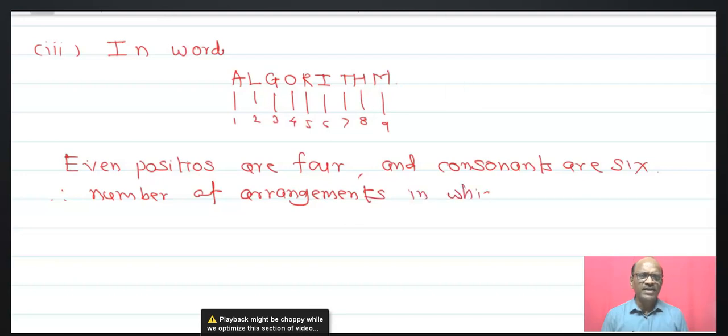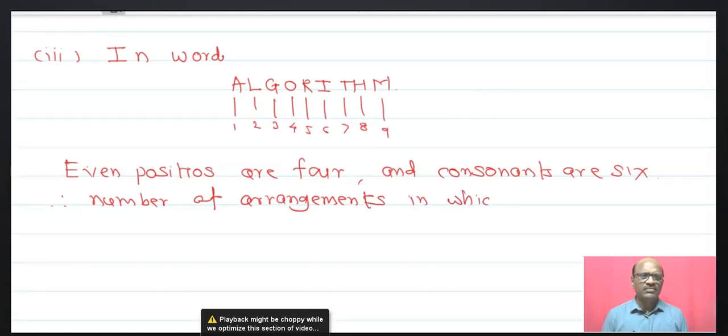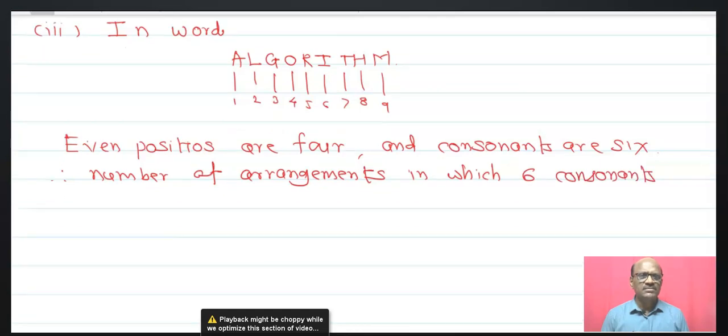Therefore, the number of arrangements in which six consonants occupy 4 even positions, that is a 6p4.